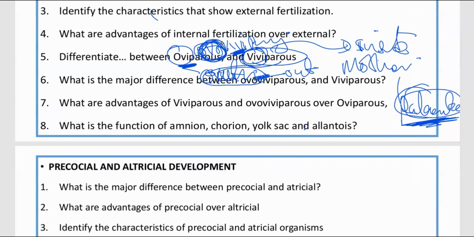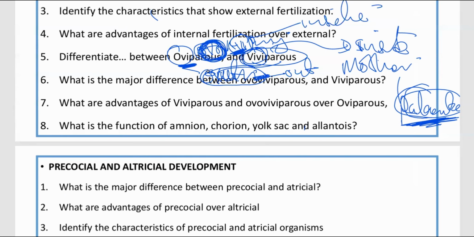Here the embryo obtains nutrients from the egg yolk, but the development is inside. So those are the differences between ovoviviparous and oviparous. In both ovo and ovi, the embryo obtains nutrients from the egg yolk. But in ovoviviparous, the embryo is inside, while in ovi, the embryo is outside.